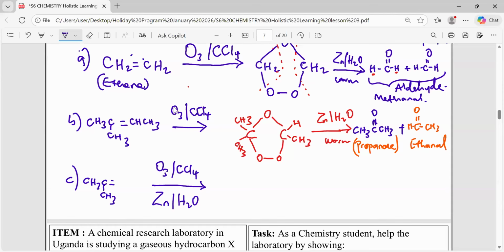You're having this reagent number 1 and this reagent number 2. They're all there. So I want you to give me the carbonyl compounds that we are going to form on this compound. This is our compound. Which products do we get?